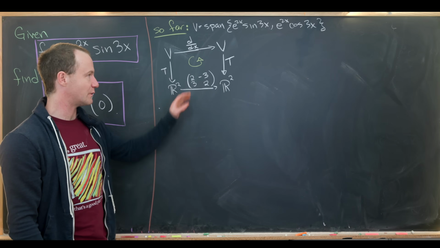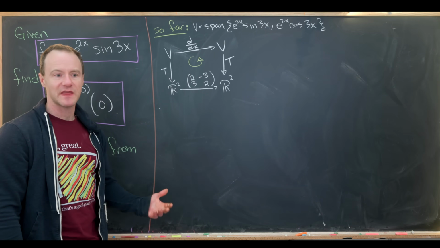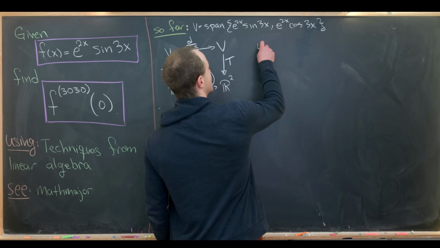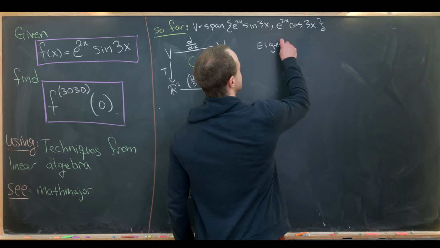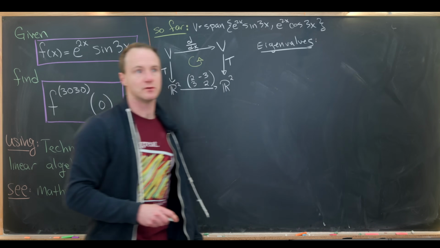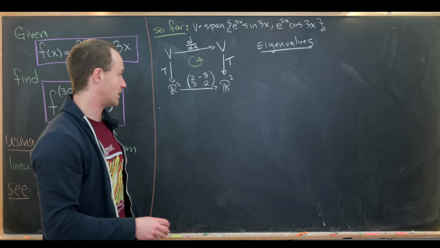Okay, so like I said, we want to diagonalize this, but that means we need to find the eigenvectors and the eigenvalues. So let's start by finding the eigenvalues. And in order to find the eigenvalues, you always need the characteristic polynomial.